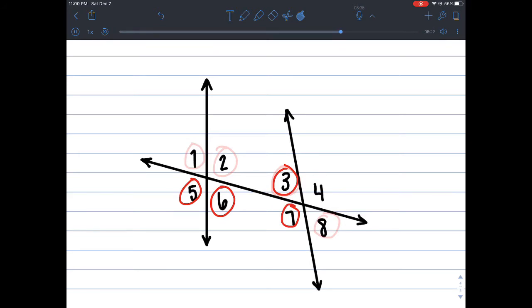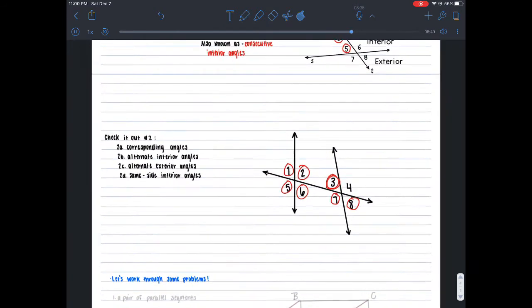Number 3, alternate exterior angles. On this diagram, alternate exterior angles are going to be angles 1 and 8. Number 4, same side interior angles. Same side interior angles on this diagram will be angles 2 and 3.